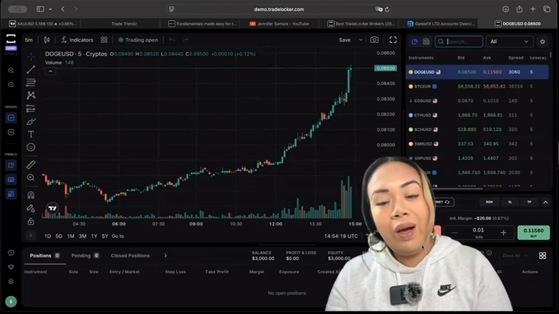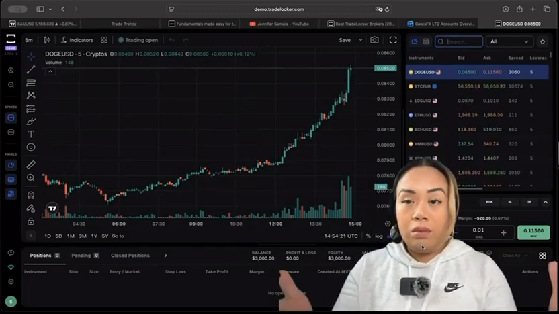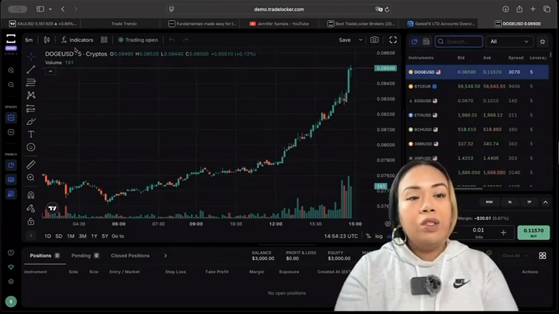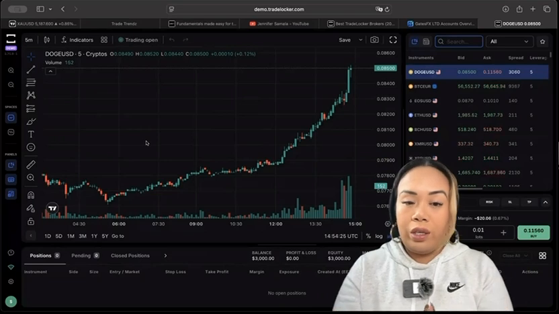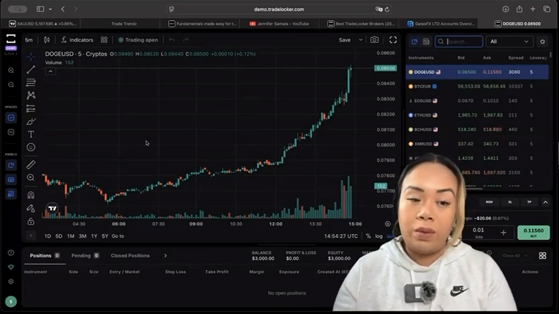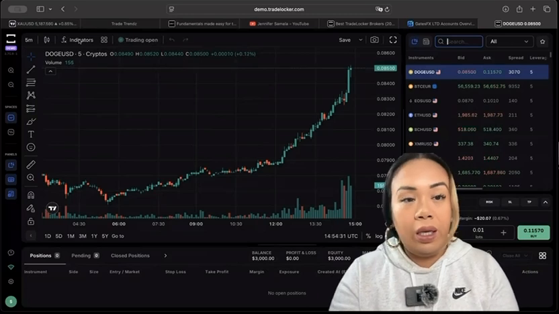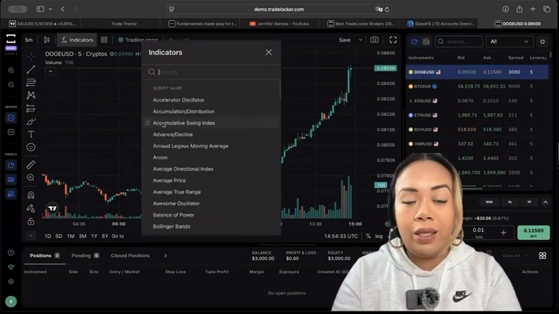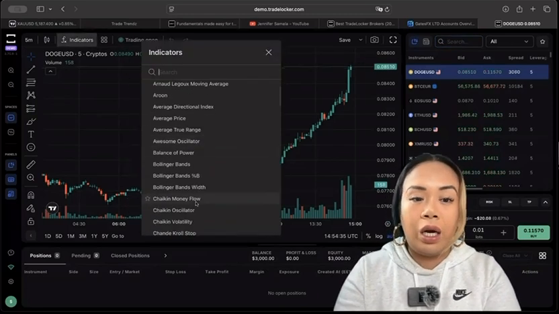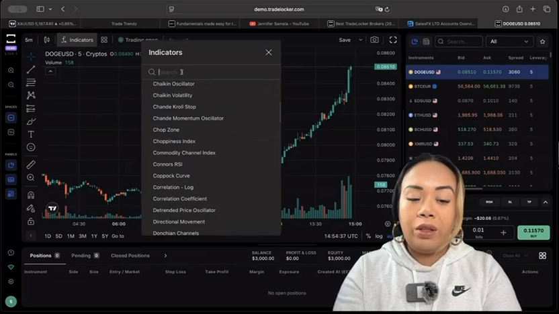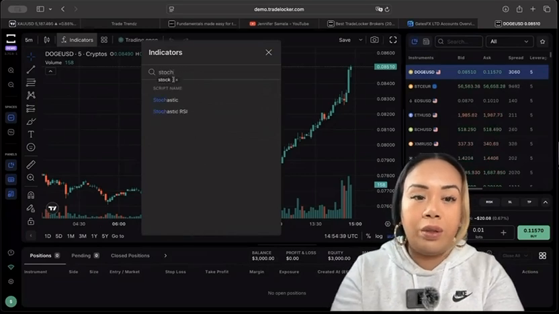Okay, so let's start off with indicators. Right over here, we're looking at TradeLogger as one of the main platforms that people are trading on. So the difference between price action and indicators: indicators are pretty much different tools that help you, right?